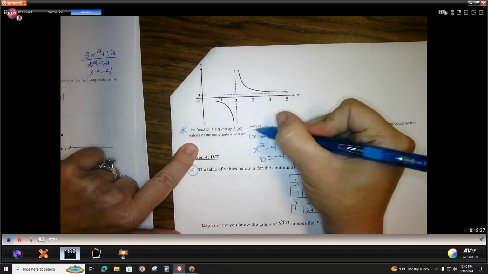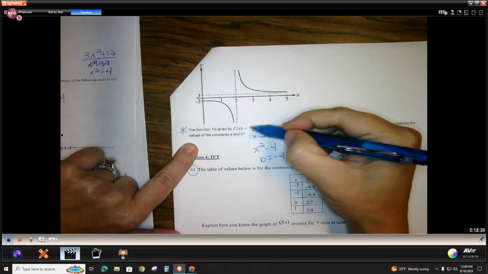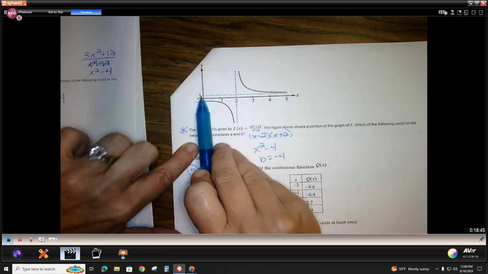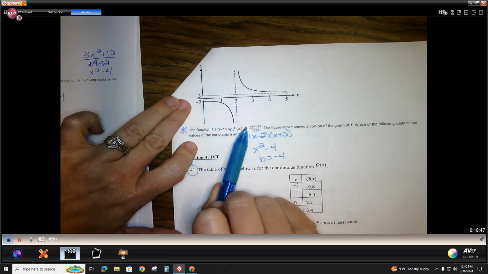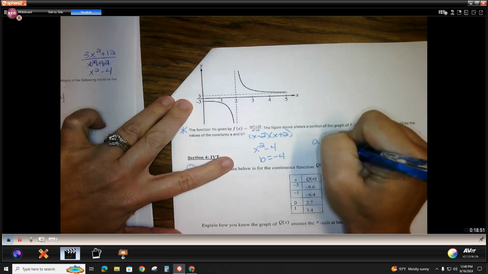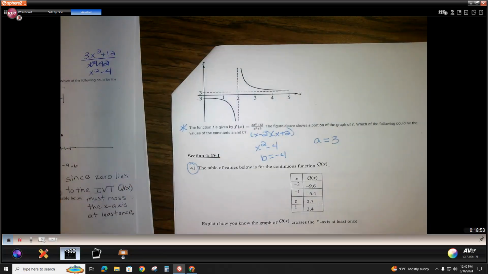They have the same powers here. So that means I'm looking at the coefficients in front. Well, the coefficient in front of here is 1. So if I have a horizontal asymptote here at 3, 3 divided by 1 is 3. So this means my a value has to be 3 because of the horizontal asymptote there.